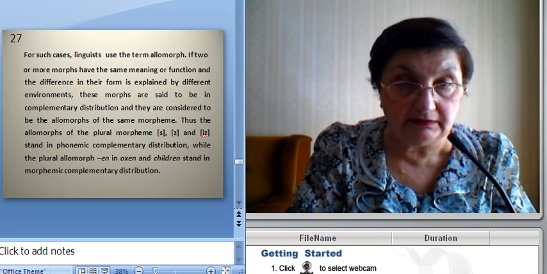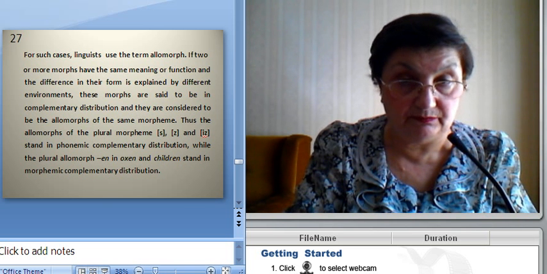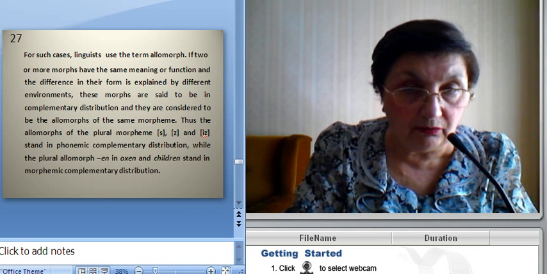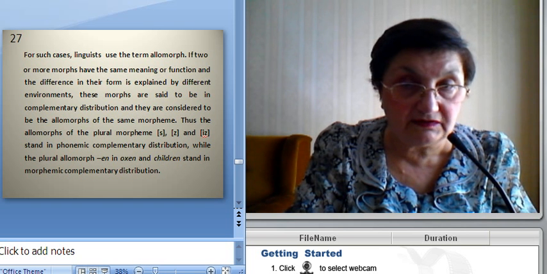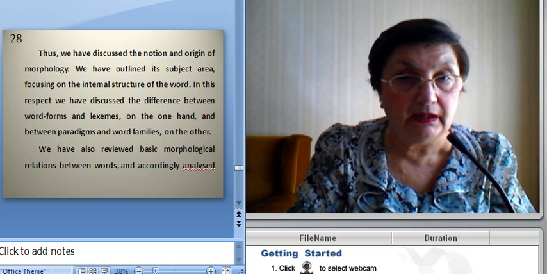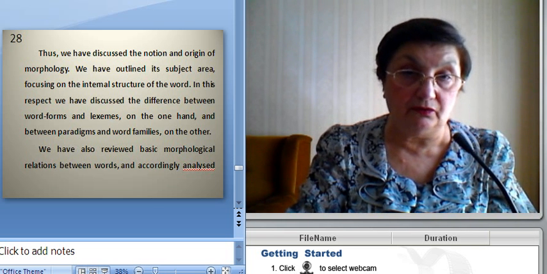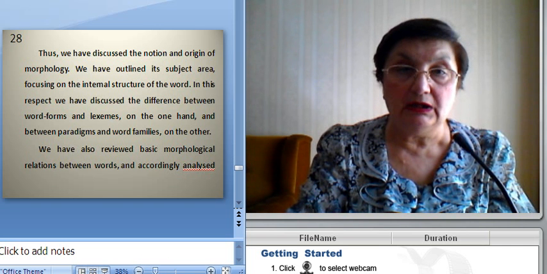Thus, we have discussed the notion and origin of morphology. We have outlined its subject area, focusing on the internal structure of the word. In this respect, we have discussed the difference between word forms and lexemes on the one hand, and between paradigms and word families on the other.